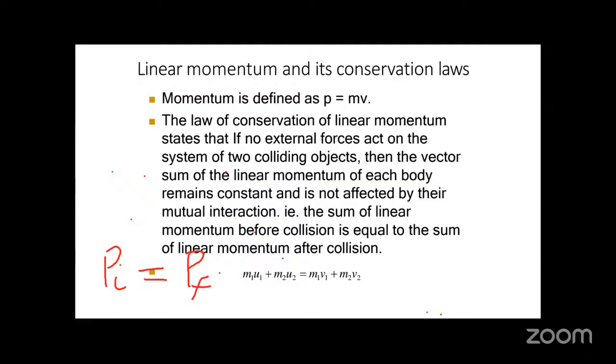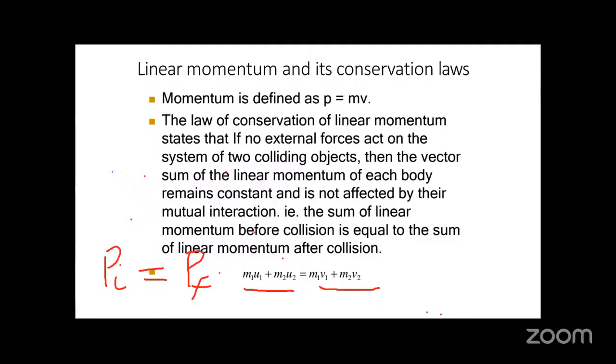So now that we have two objects with mass moving at a given velocity, their velocity before collision is the initial velocity, and the velocity after collision is the final velocity.